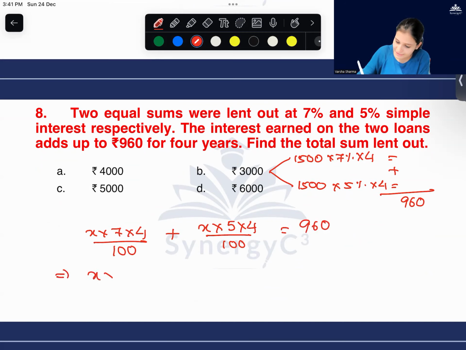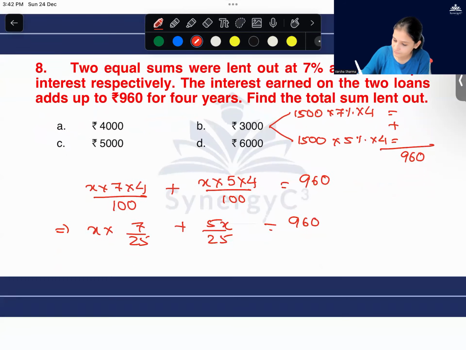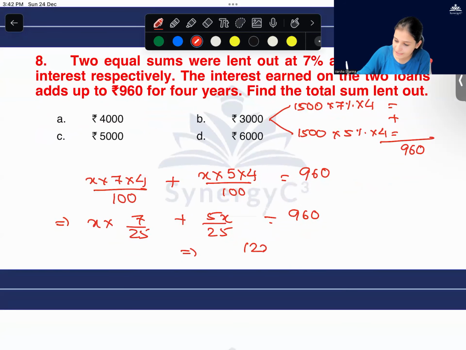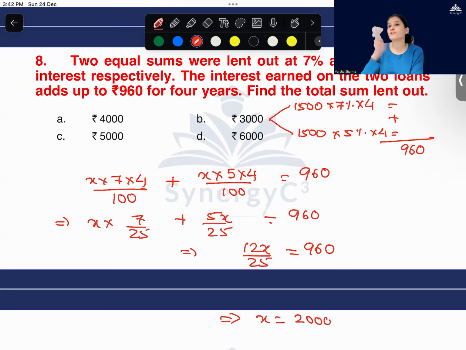So this is X into 7 by 25 plus 5X by 25 equals 960. This is 12X by 25 equals 960. If you calculate this, you are getting 2,000. That means you are investing in both of them 2,000, 2,000. So what is the total sum? 4,000. You can do it either way.